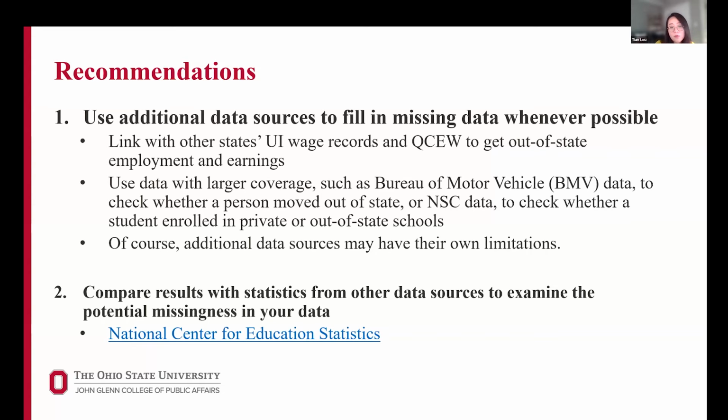First of all, whenever you can find an additional data source to supplement your current data, that would be the ideal case. Like I mentioned before, if you can supplement it with the UI wage records and QCEW to get out-of-state employment, that would be ideal.